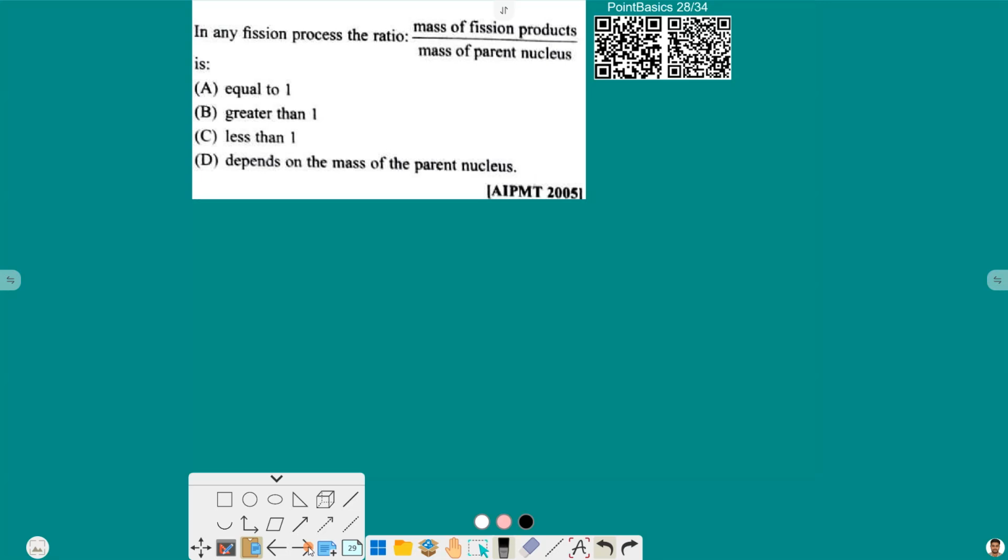In any fission process, the ratio of mass of fission products to mass of parent nucleus. So here, as mentioned, we are having a fission reaction. In a fission reaction, energy is produced. If energy is produced, from where does this energy come?